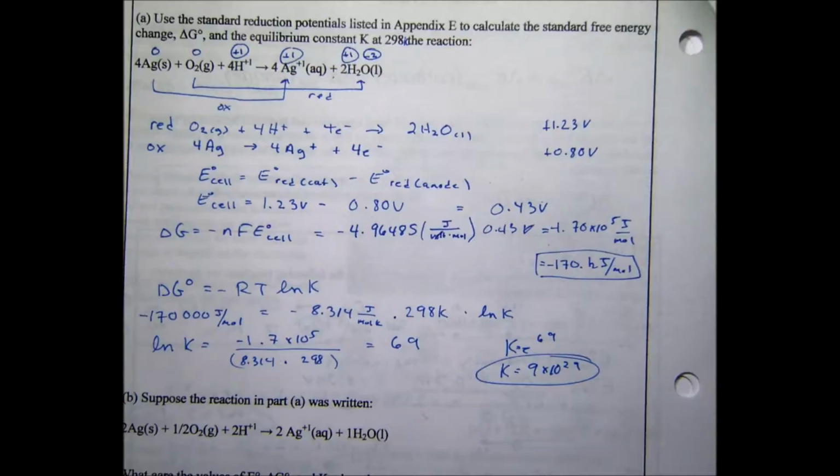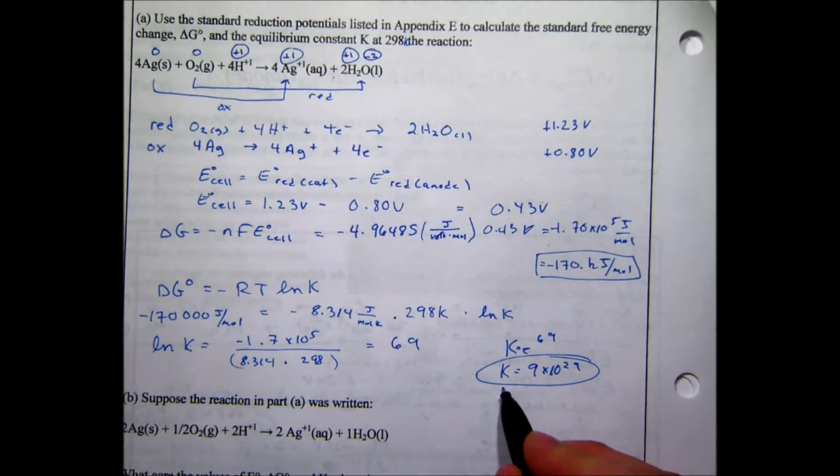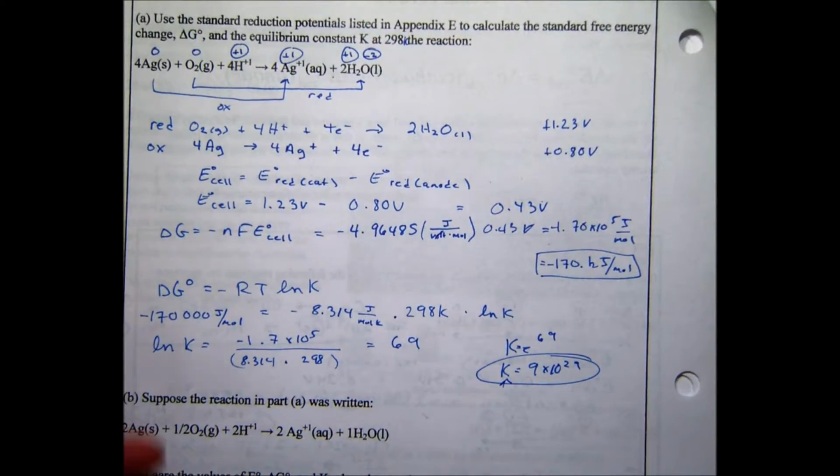We could call it Q in this particular case. The naming is a little arbitrary, but the important thing to take away is that the constant you're calculating is very, very big, meaning that the one-way arrow up here is probably a very good representation of what is happening.